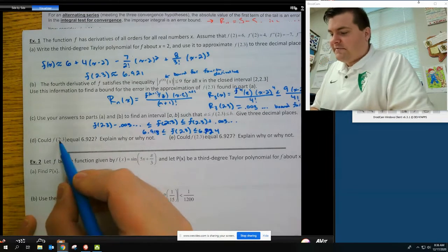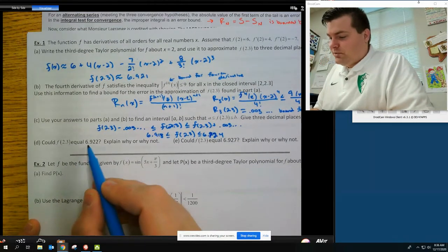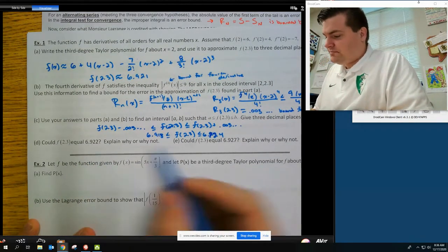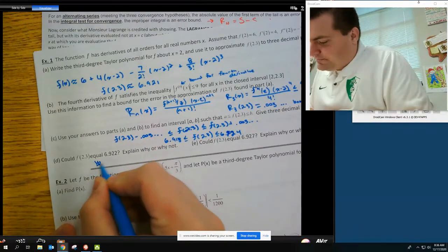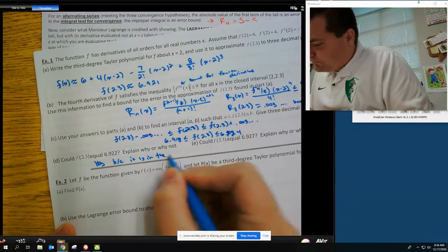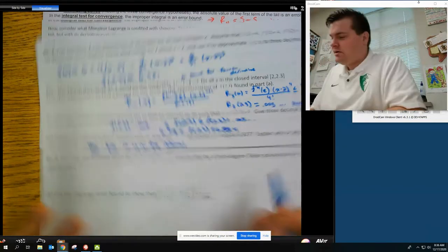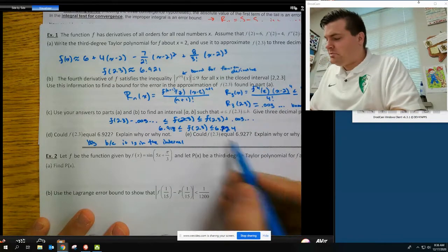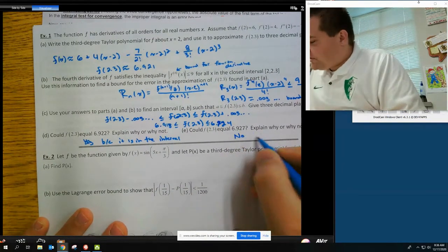So could the actual value actually equal 6.922? Yes, it's in the interval. Could it equal 6.927? No, because it is not in the interval.